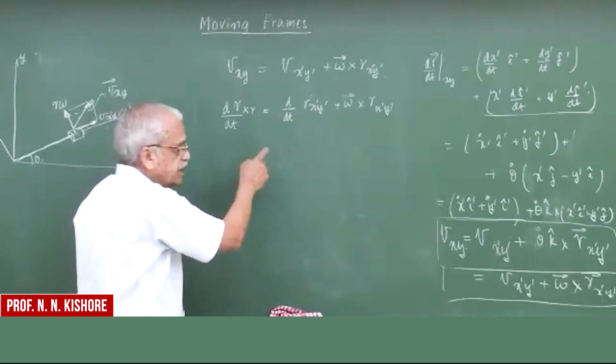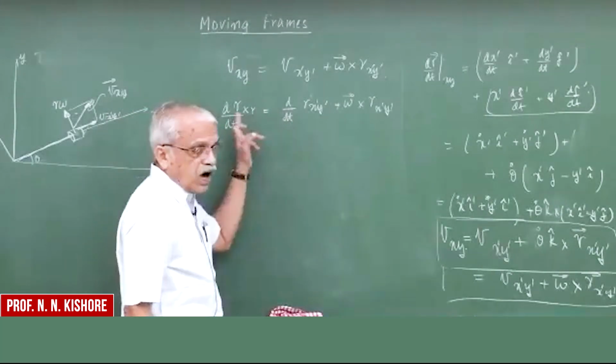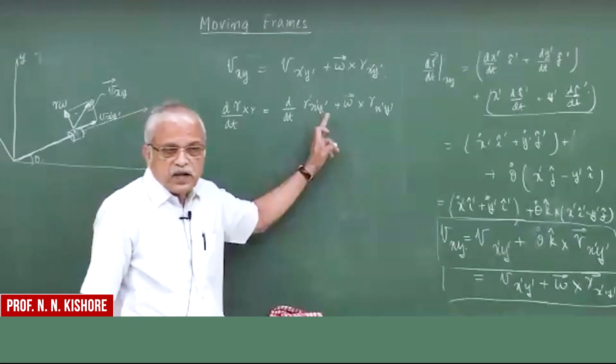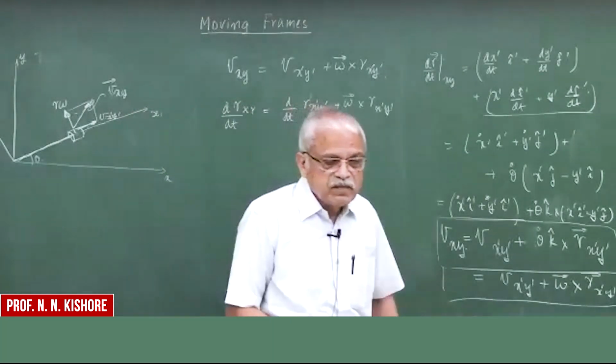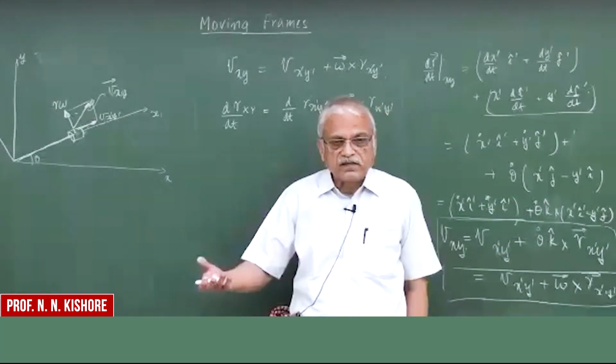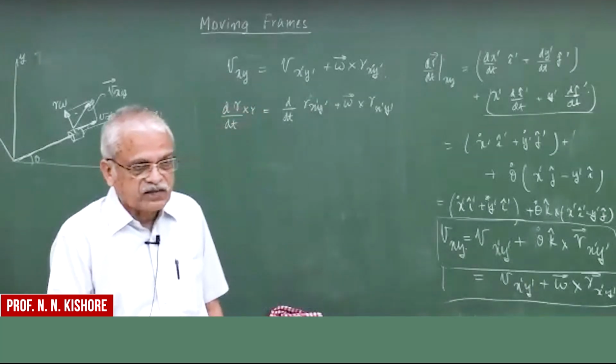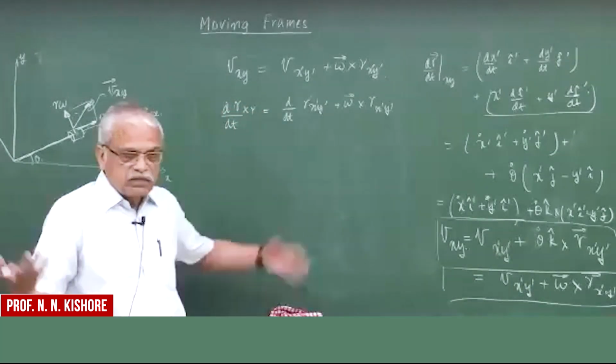Why I wrote this one is that here we are taking r as a position vector, but it can be any vector. There can be many observations that can be made. Even for the next step, the velocity, you may want the time derivative of velocity, which is acceleration, or many other things.